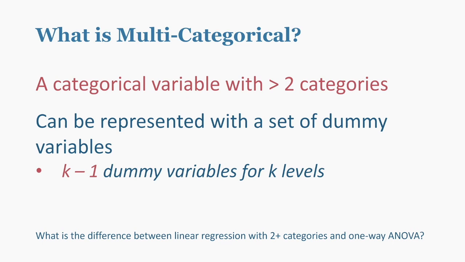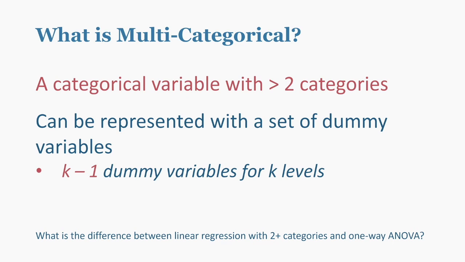And you may also be thinking, what is the difference between linear regression that has 2 or more categories and a one-way ANOVA? Well, really, there isn't much of a difference. It's just that the information is presented slightly differently. We know that in regression, we do what's called dummy coding, and ANOVA just uses a different type of coding that's called effect coding.